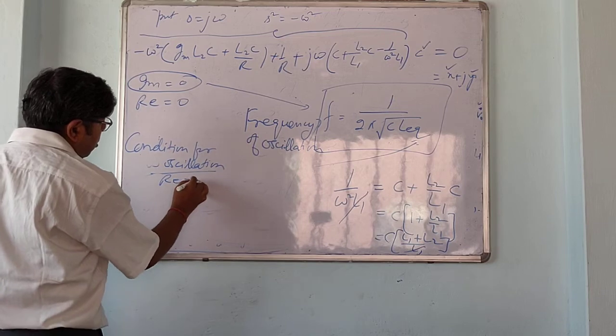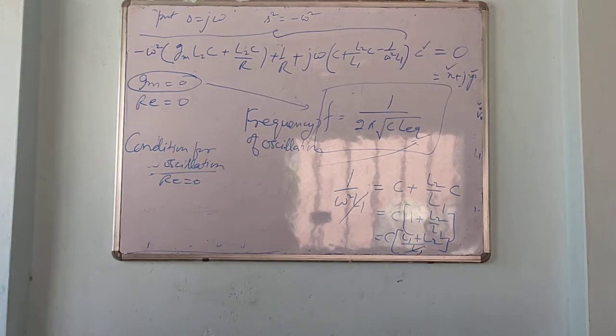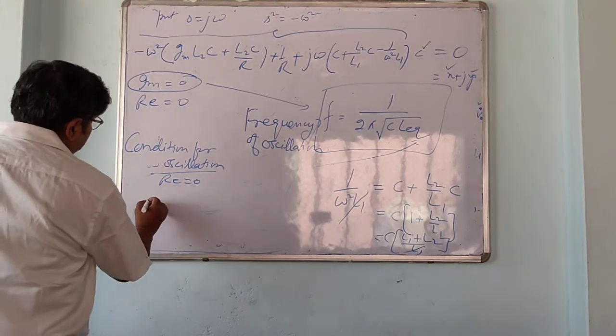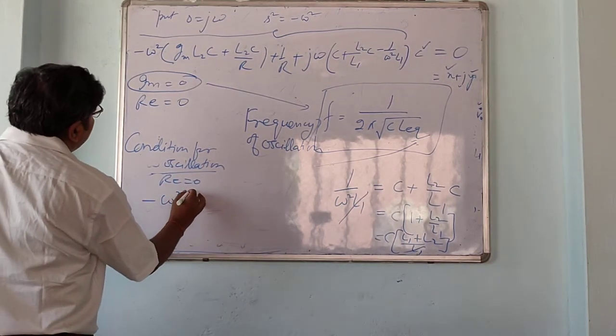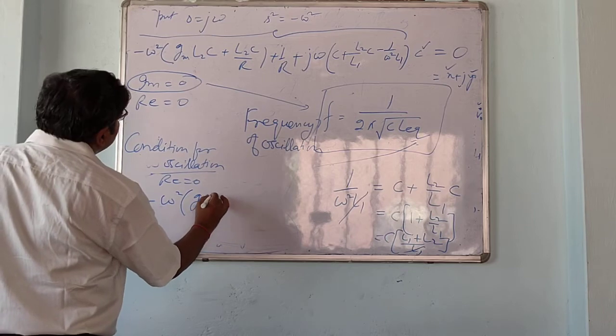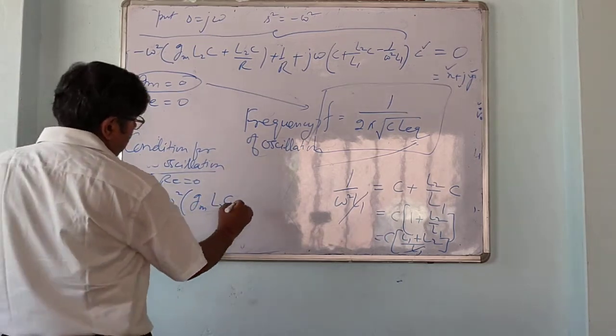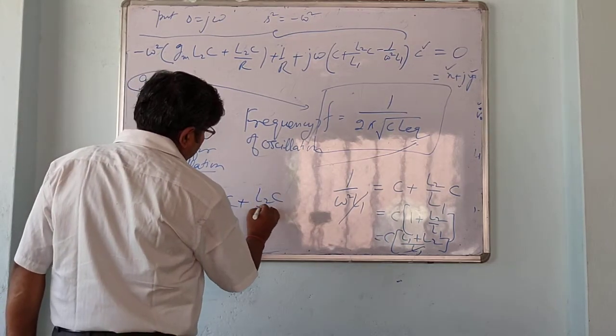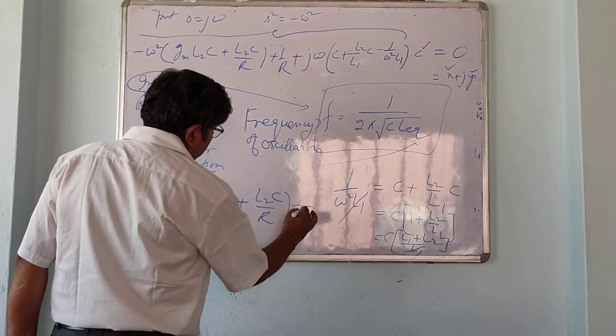Real part: when we put this real part equal to 0, it means minus omega square Gm L2C plus L2C upon R equals 0.